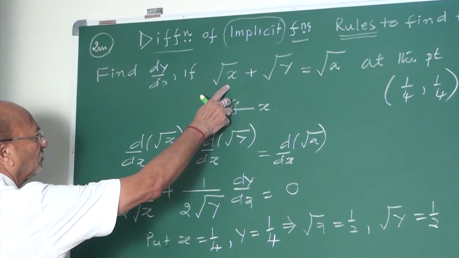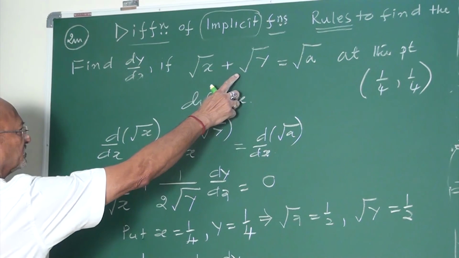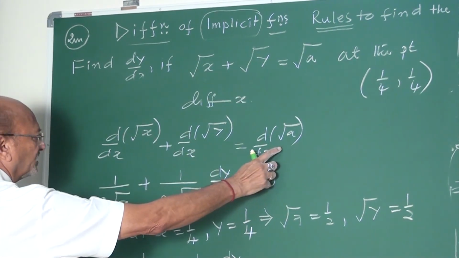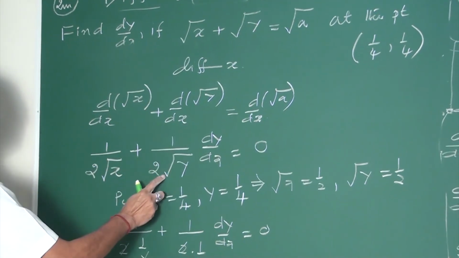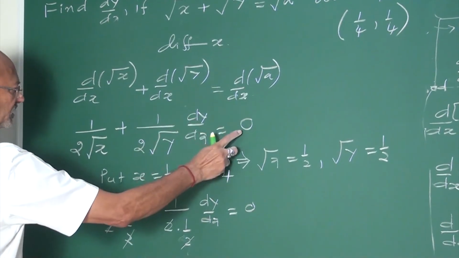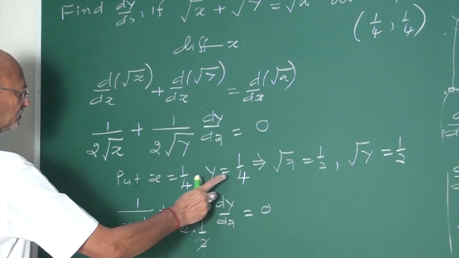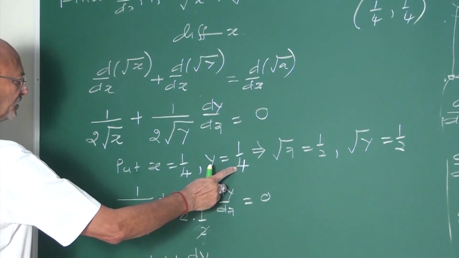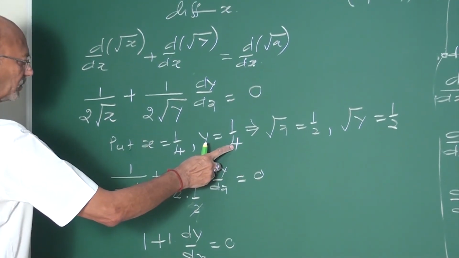My friend, I explained once again. This is the given implicit function. Differentiate: derivative of first plus derivative of second equal to derivative of the RHS. Use the root x formula and root y formula; for x write its derivative, and the constant's derivative is 0. At the given points x is 1 by 4, y is 1 by 4, root x is 1 by 2, root y is 1 by 2.